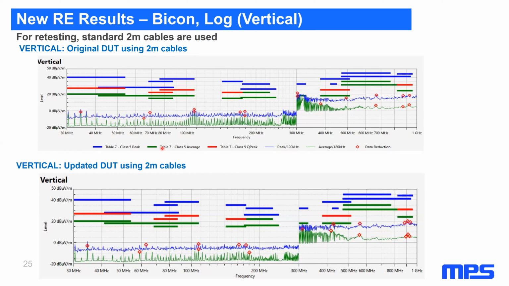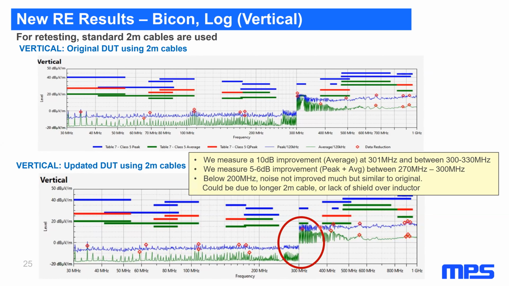The top is the original scan. The bottom is with the updated board. And what we notice here is, for the average noise in the green, we actually improved it by about 10 dB.